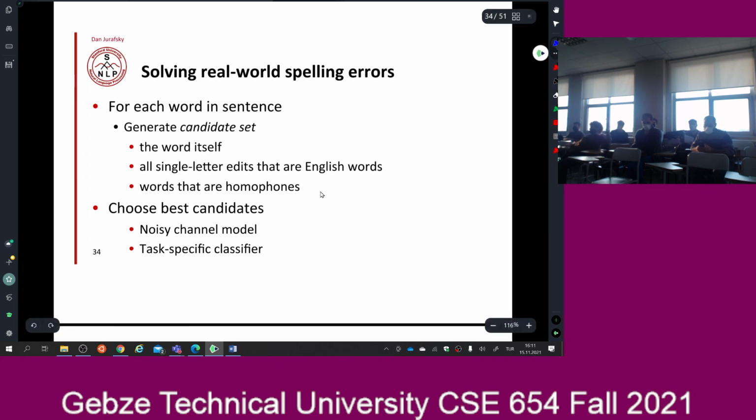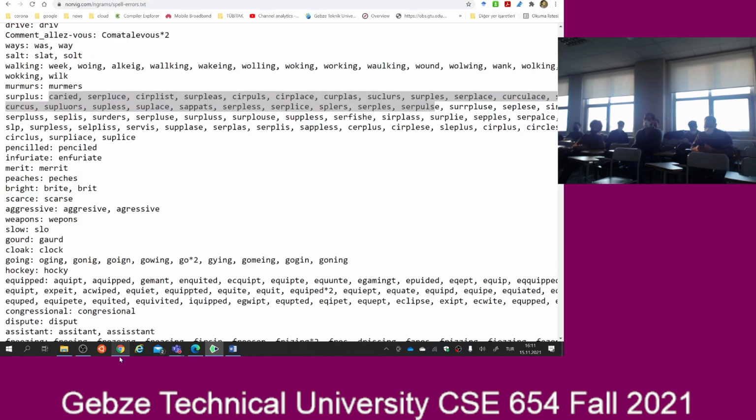All single letter edits that are English words, and words that are homophones. Well, we talked about it. I know what a homophone is, but how do you get a set of homophones? Do you have an idea? Anybody? Somebody. You go to Webster.